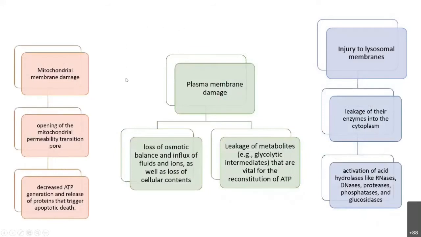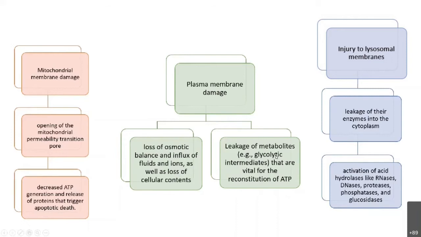Now, what are the manifestations of different membrane damage? When there's mitochondrial membrane damage, we have seen there's opening of the mitochondrial permeability transition pore. So this will again lead to decreased ATP, and there will be a generation of pro-apoptotic molecules, which will lead to apoptotic cell death. The plasma membrane damage will lead to loss of osmotic balance and influx of fluids, because of which there will be cell swelling.